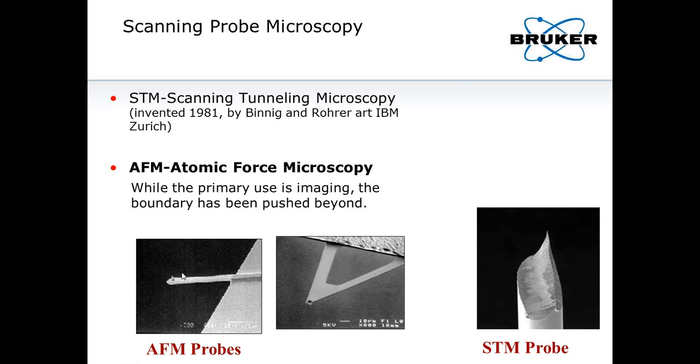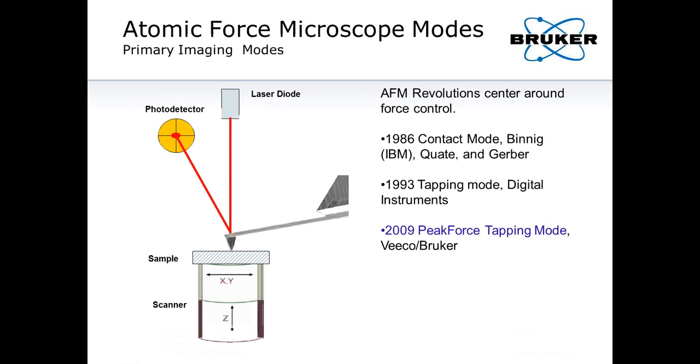At the very end, we are talking about a few atoms, a few nanometers. Similarly, for the STM probe, it's a really sharp metallic needle, and at the very end, you can imagine it's only one atom sticking out. So you have a sharp tip.